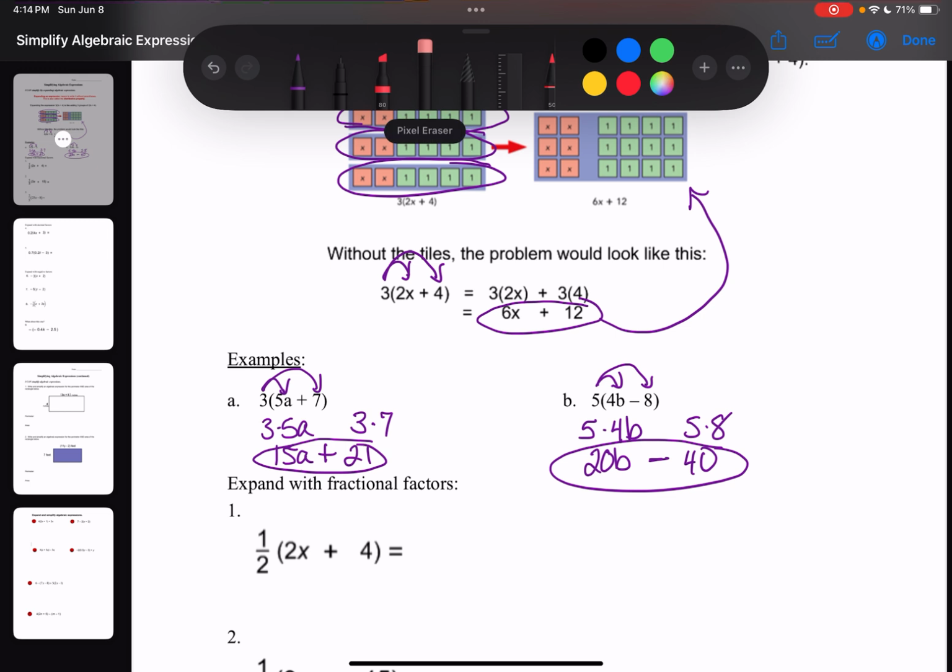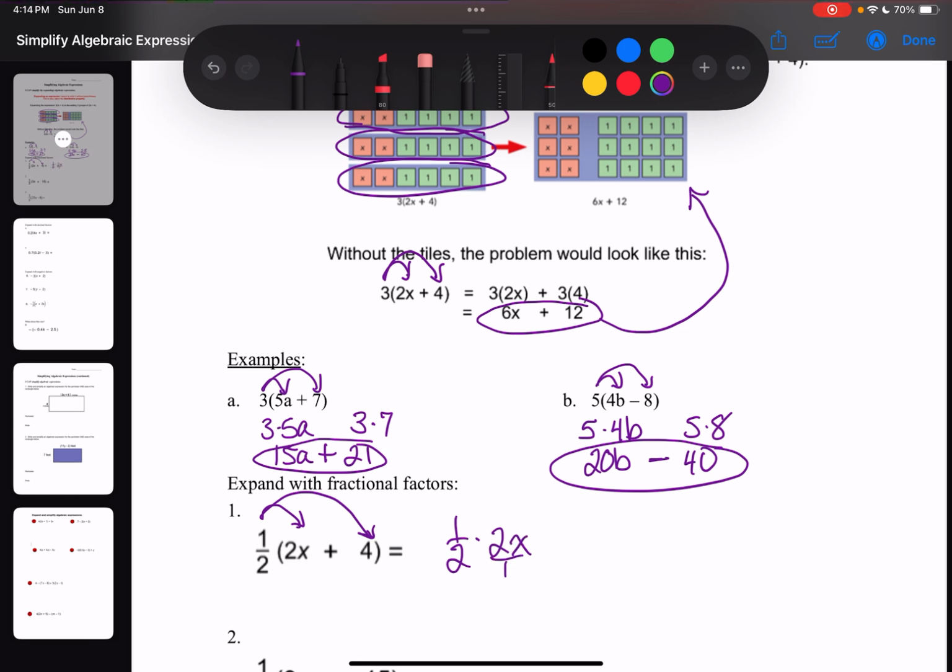We can do the same thing with fractions. 1/2 times 2x and 1/2 times the 4. 1/2 times 2x. Remember, multiplying fractions is no problem.